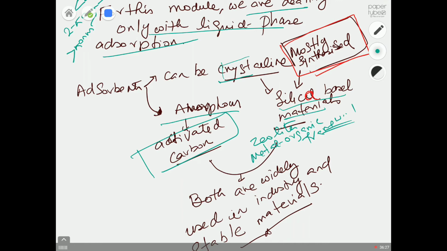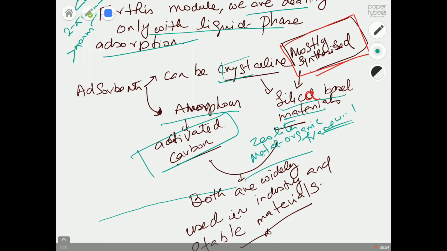And there are many polymeric materials people are using as adsorbents. If they contain the right level of porosity and surface, they can adsorb your solute molecules from the solution side to the surface.